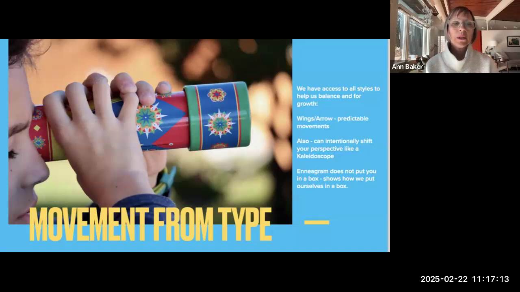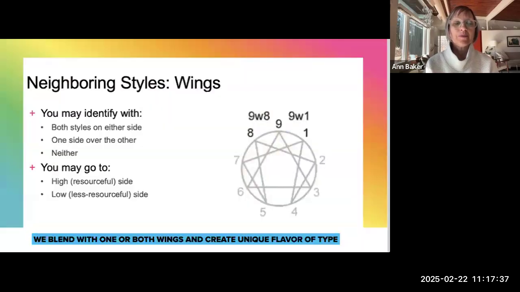A lot of people critique the Enneagram and say, well, it just gives you a number and puts you into a box. Well, it's just the opposite. It's showing you your automatic style and your pattern that you've gotten attached to, but it shows you, wow, there's a whole circle of other qualities. And that circle, remember, is a symbol of wholeness. So we have access to all of those qualities.